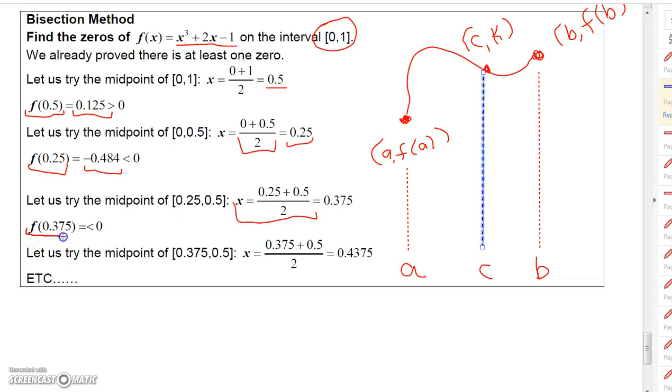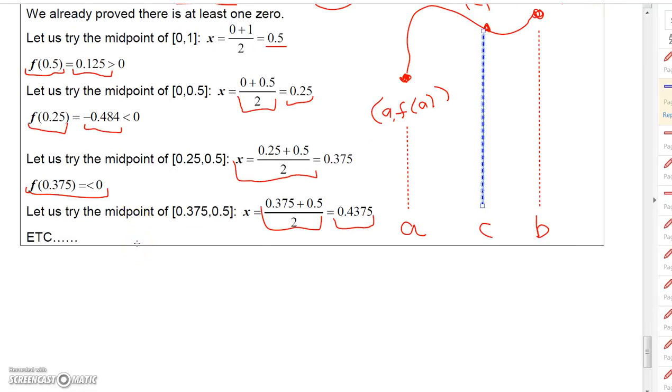I didn't write the number down, but when I plugged in 0.375, I got a negative number. And the last positive one was at 0.5, so the solution is now trapped between 0.375 and 0.5. Then you find the midpoint of those two numbers by adding them together and dividing by 2, and you get 0.4375. If you do this long enough, you can get as close to the answer as you want.